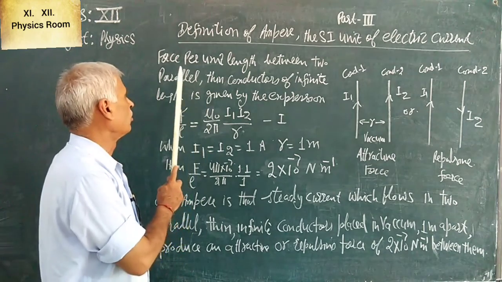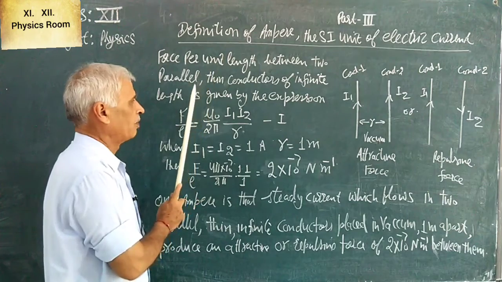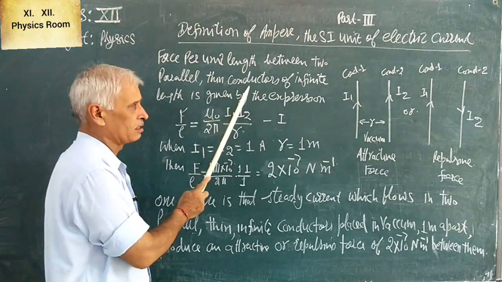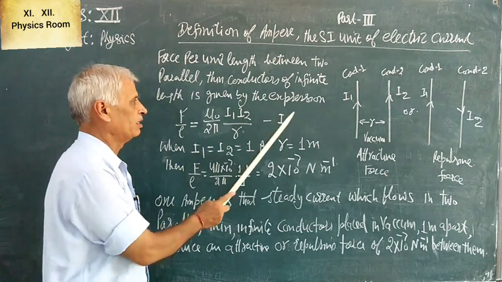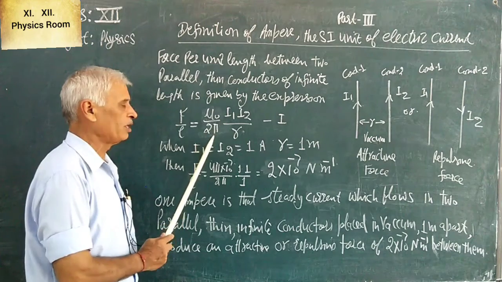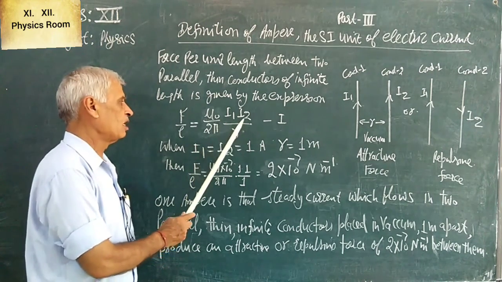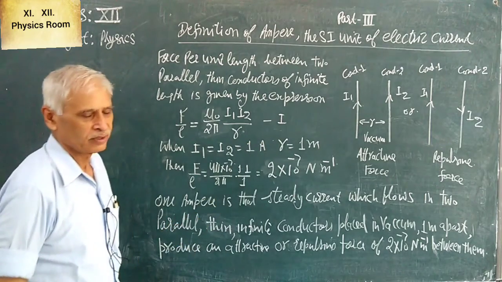Since we know force per unit length between two parallel thin conductors of infinite length is given by the expression F by L is equal to mu 0 by 2 pi I1 I2 by R. Let us mark it as equation 1.